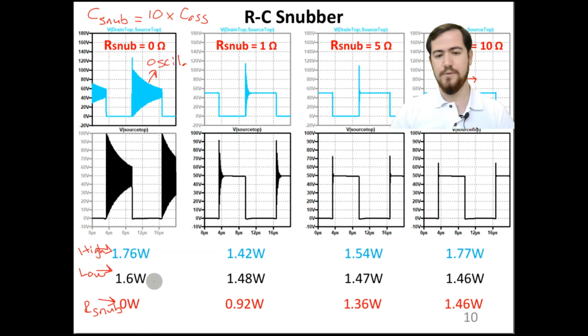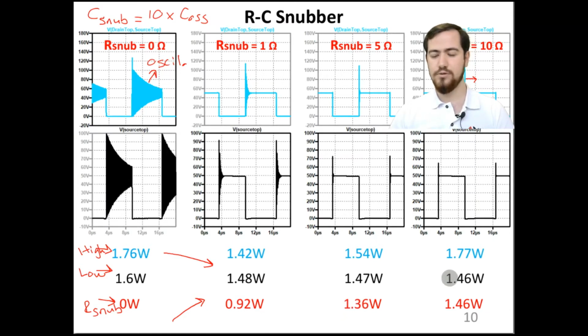So we can see that even though eliminating the oscillations decreases the switching losses considerably, it causes another loss on the snubber resistance as well, and it increases with the increased snubber resistance, as you can see on the bottom side.